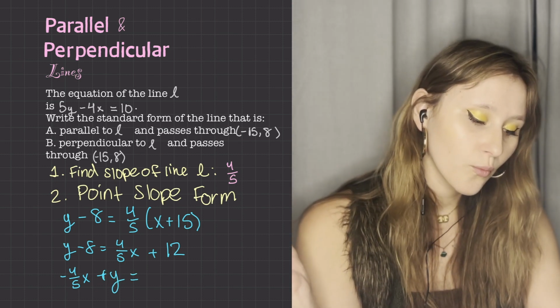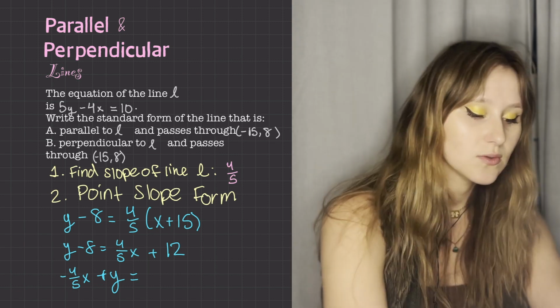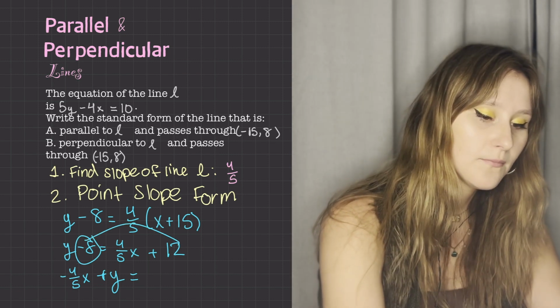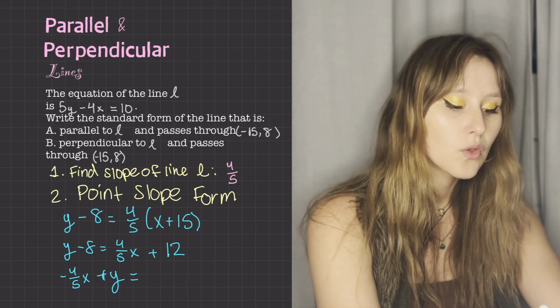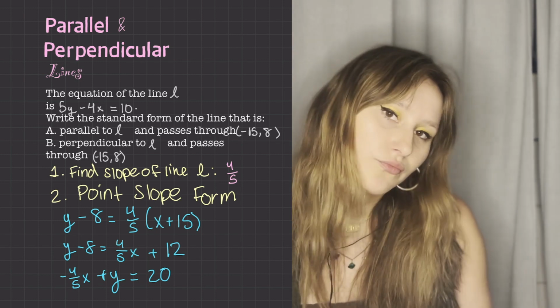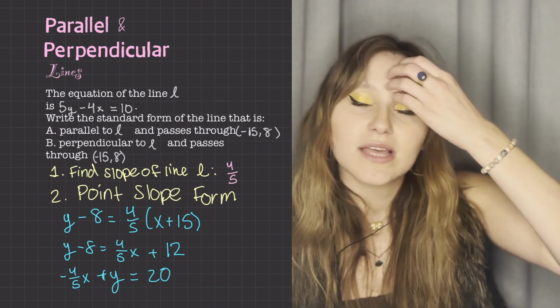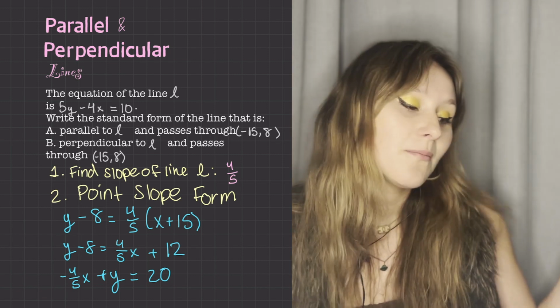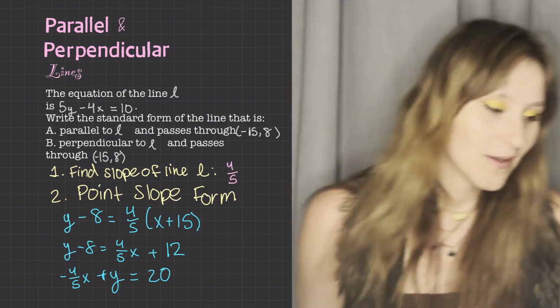And then we are adding that 8 to both sides to move this over there. Okay, so then we would get 20. And that's our answer. That's all we got. I'm going to let you try the next one because I think that you can do it. So try part B to this line and come back, okay?